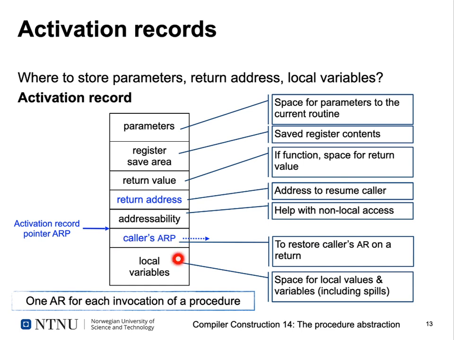And finally, we can have a set of local variables here that can grow rather big. So local variables and a pointer to the caller's activation record are actually stored below our own activation record pointer. So we could actually walk up the hierarchy to the function that called us, to the function that called the function that called us, and so on.